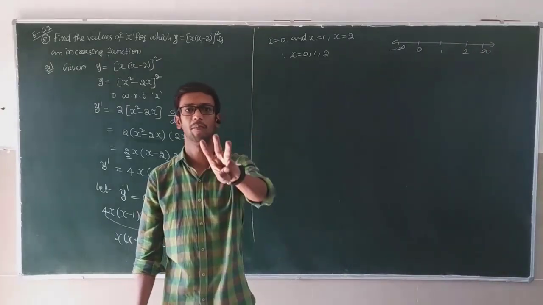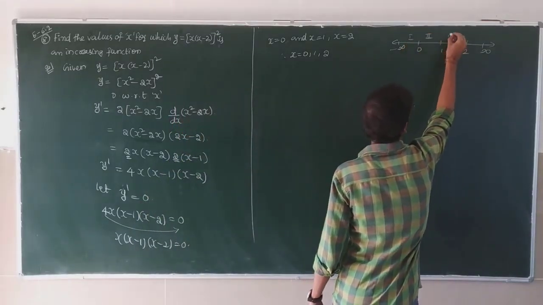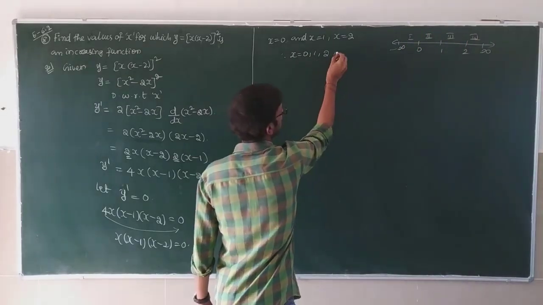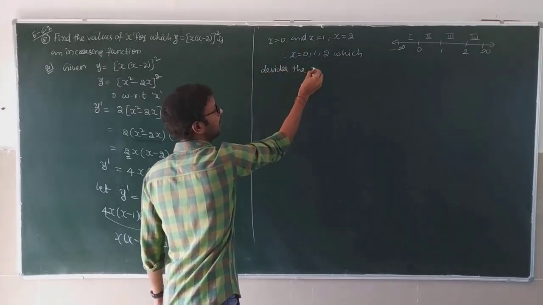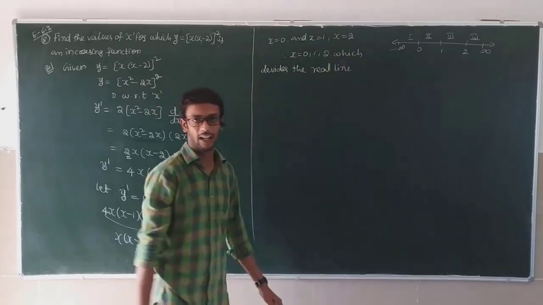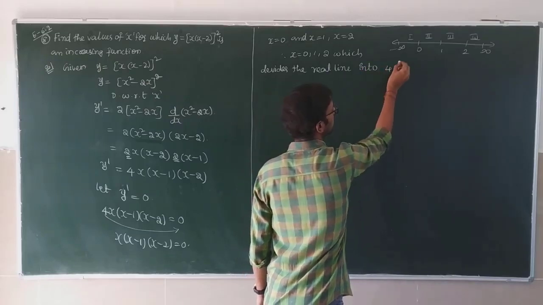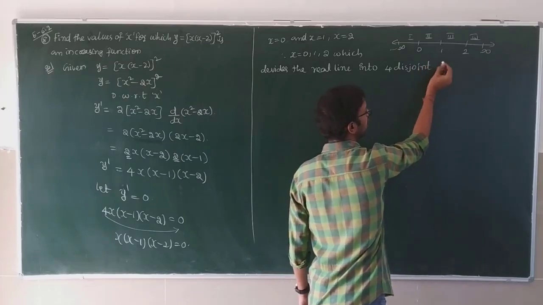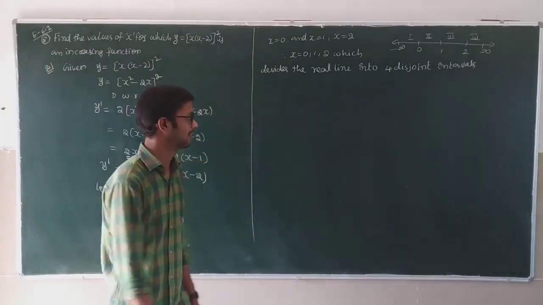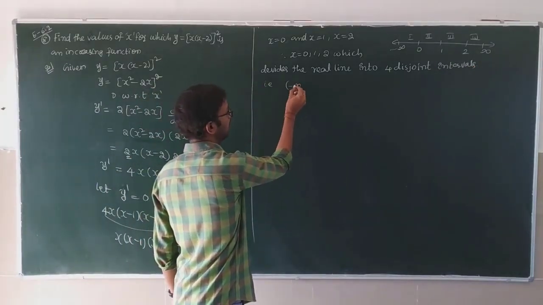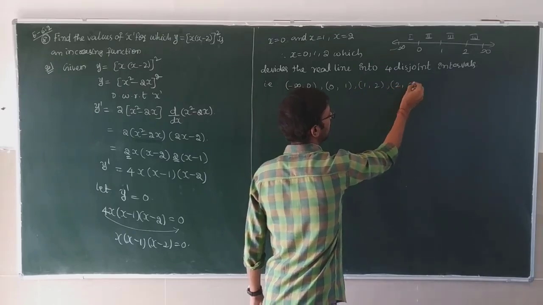How many intervals are there? 3 points, we are getting 3 critical points, so that is why you will get 4 intervals. These divide the real line into 4 disjoint intervals, that are minus infinity to 0, 0 to 1, 1 to 2, and 2 to infinity.